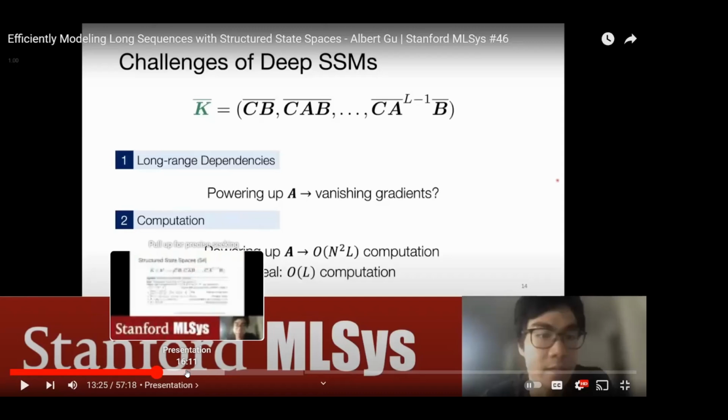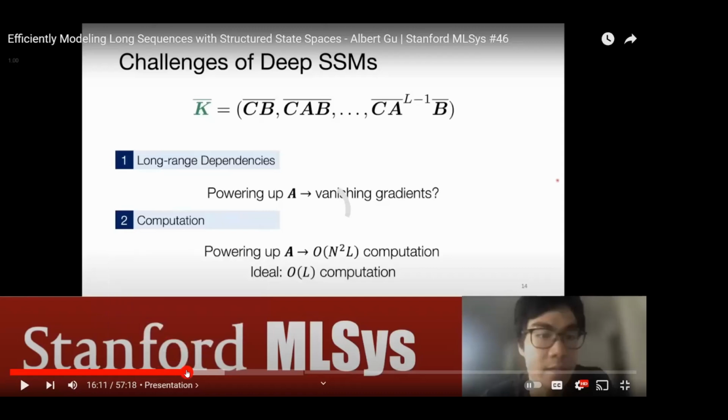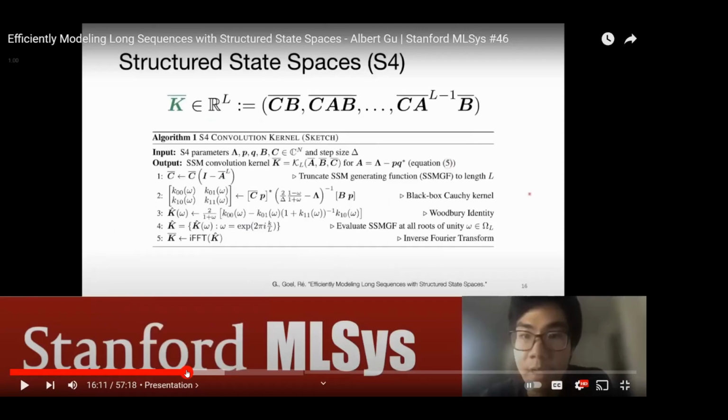I don't remember it being that different from S4. The difference is that right now A is fixed, but it could have been learned. But even if it were learned, once you're done training, then it's frozen. In Mamba, what we're going to see is that A, B, and delta are actually not just going to be fixed.